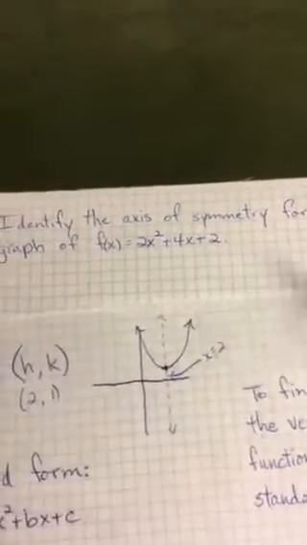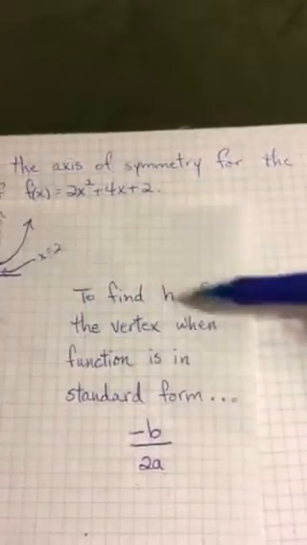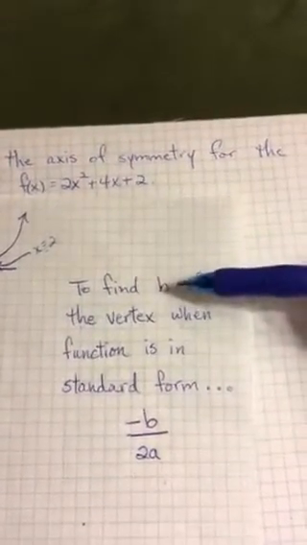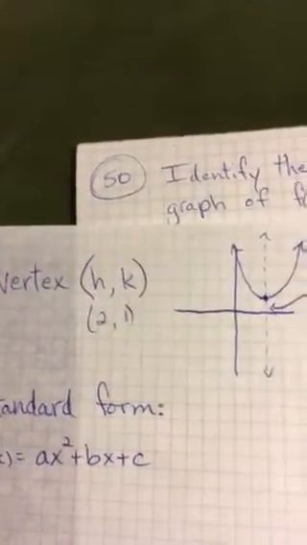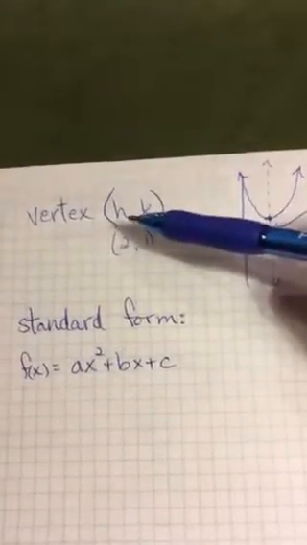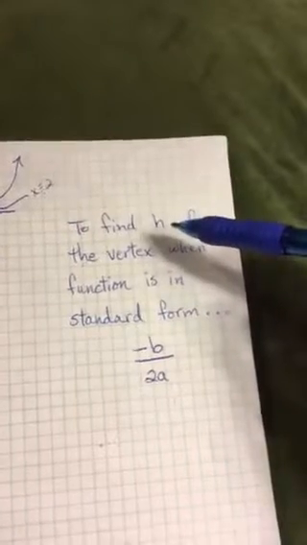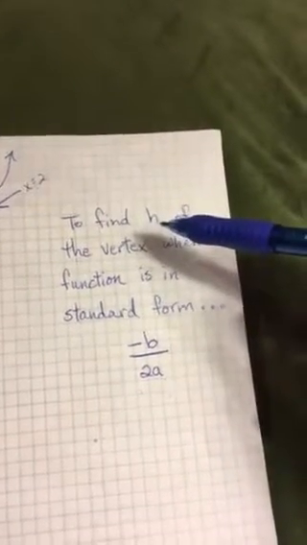I don't know if you remember this from your book, but to find the h, again, that is your h right here, I know I have paper over paper, that is the h of your vertex. So to find the h, that's the x value of your vertex.